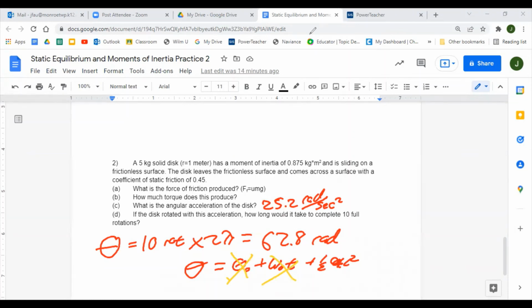So we can just solve: theta, which we know is 62.8, equals 1/2 times alpha, 25.2, times time squared. We solve for t. 62.8 divided by 25.2 divided by 1/2, and then take the square root. It would take 2.2 seconds.